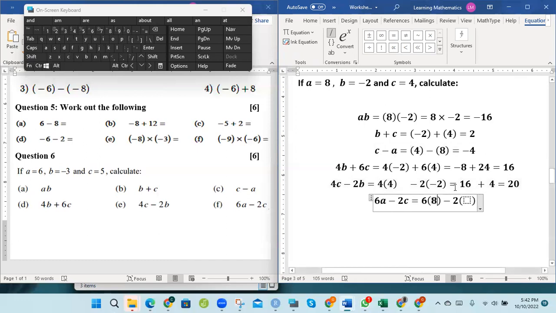And c now is 4. So that's 6 times 8 and a negative 2 times 4. 6 eights are 48. A negative 2 times a 4 is a negative 8.